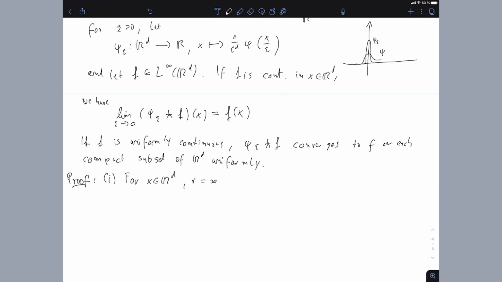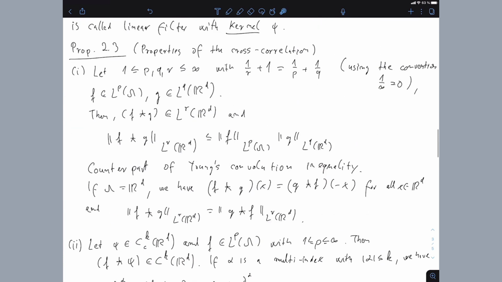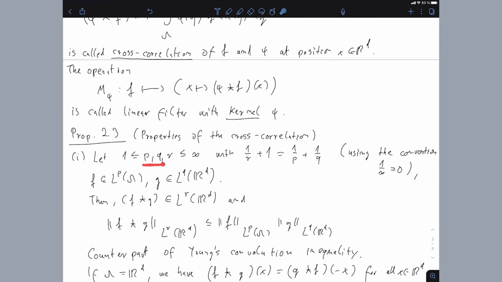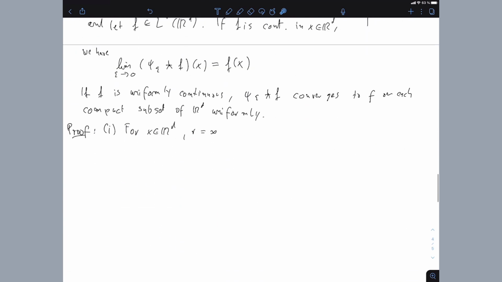We can't prove the entire thing in its full generality in one go, so we need to look at some cases, and we had this interplay of p, q, and r. By choosing r to infinity, this is essentially 0, and we can concentrate on the interplay of p and q. That's why we start like this.